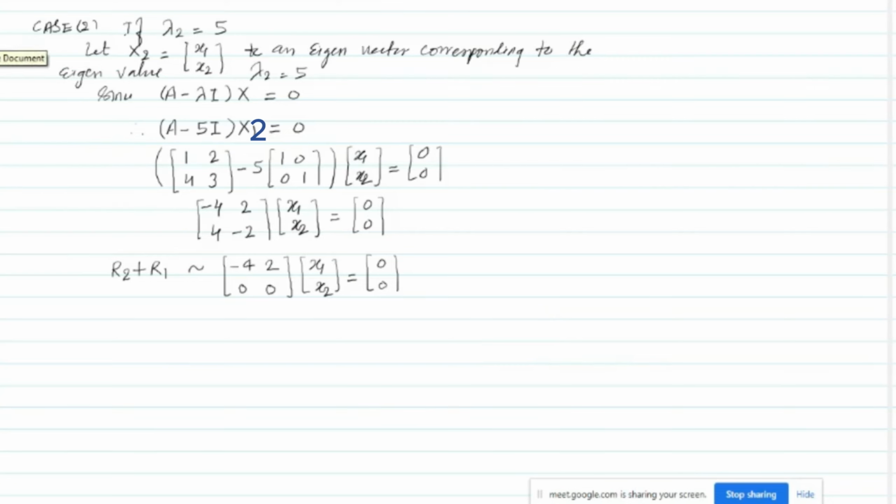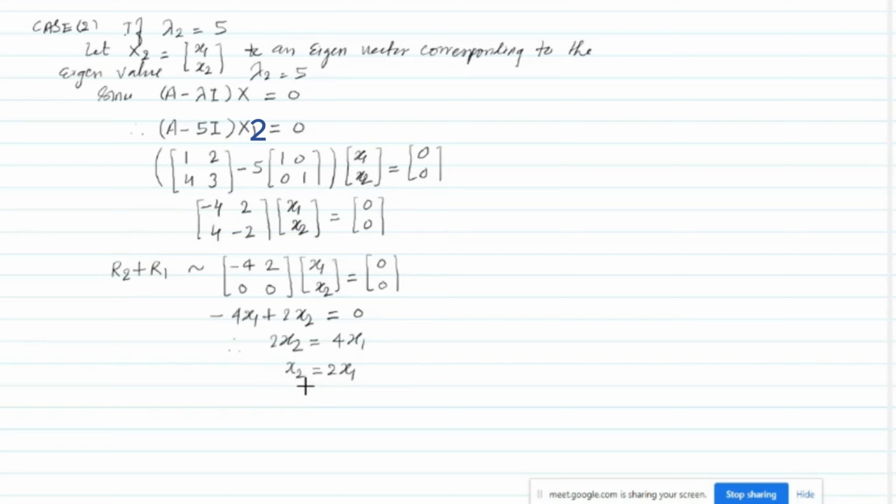Just find out the equation. Multiply it, and you'll have minus 4 x1 plus 2 times x2, equal to 0. From this you will get 2 x2 equal to 4 times x1. So you'll get x2 is equal to 2 times x1. Here you found the value of x2.